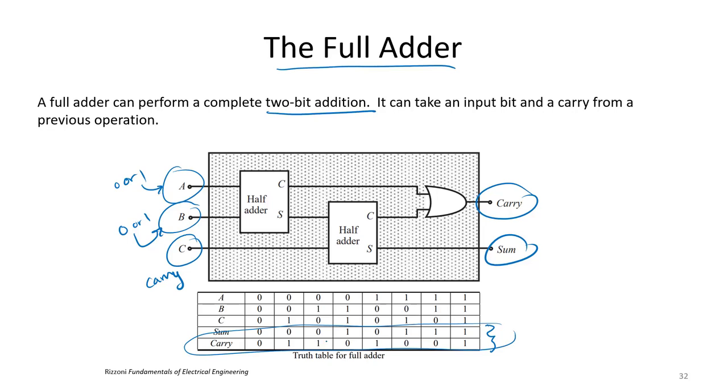And you can see that this truth table actually lists out all the possible operations for this full adder. You see that if A, B, and C are all 0, then our sum will be 0. But depending on the combination of A, B, and C, we will get the result following Boolean algebra rules.